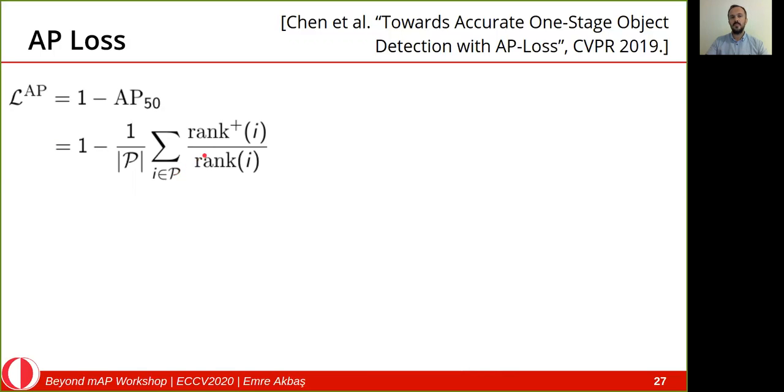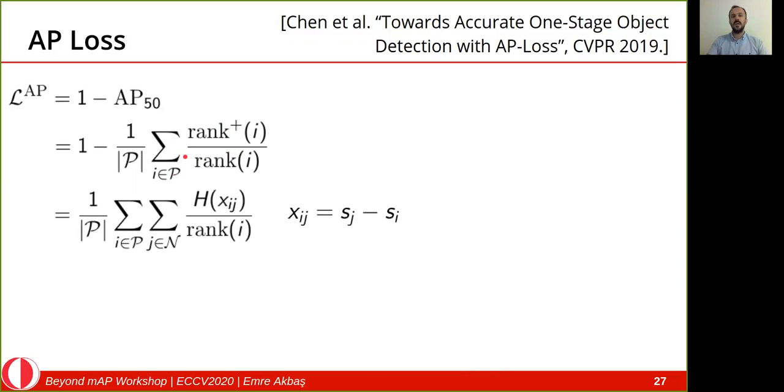So this way you can write AP loss as a summation over your positive examples. You can further write this as two summation loops. The outer loop is on the positive examples, the inner loop is on the negative examples.